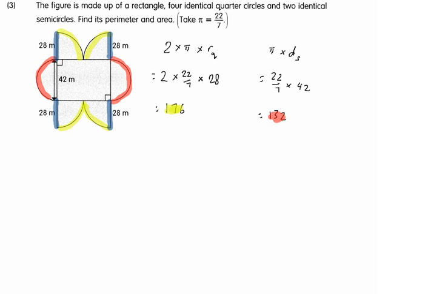So let's add up 176 plus 132 plus 28 times 4. Do I need to put a bracket around 28 times 4? No need, because according to the order of operations, we don't need to. So what's the answer, Lauren? 420. So this is the answer for perimeter.